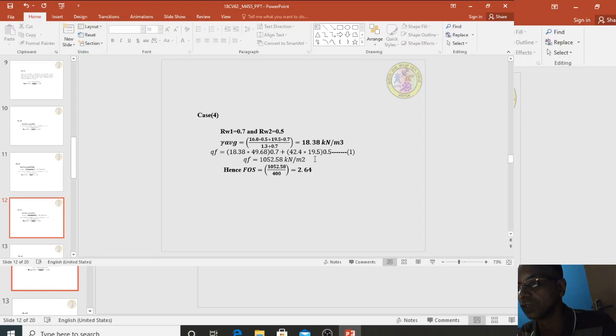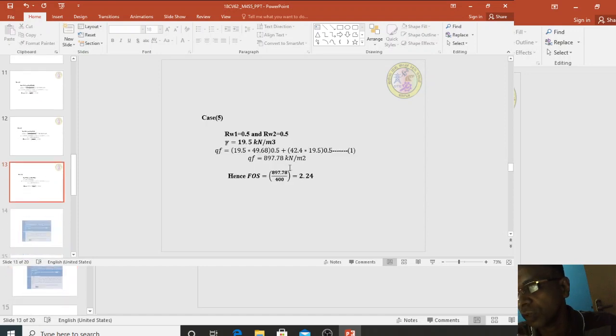Hence the factor of safety is 1052.58 divided by 400, somewhere around 2.64.